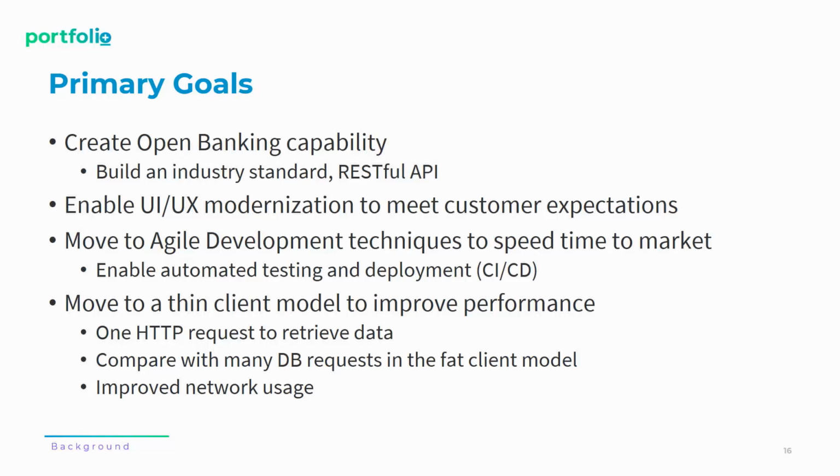We've been moving towards a more agile development methodology, trying to speed up how quickly we can get to market, trying to enable more automated testing and deployments, and working towards CI/CD. And the main goal of the application itself is to move to more of a thin client model. The legacy application tends to be really chatty with the database, so there are a lot of performance challenges around that. If we move to this type of model, all of that chattiness gets replaced with a few HTTP requests, right? Pulling back higher level data sets and making it a more efficient application.